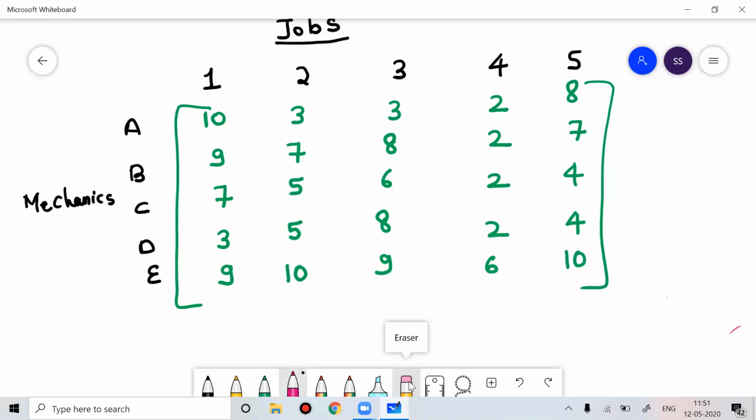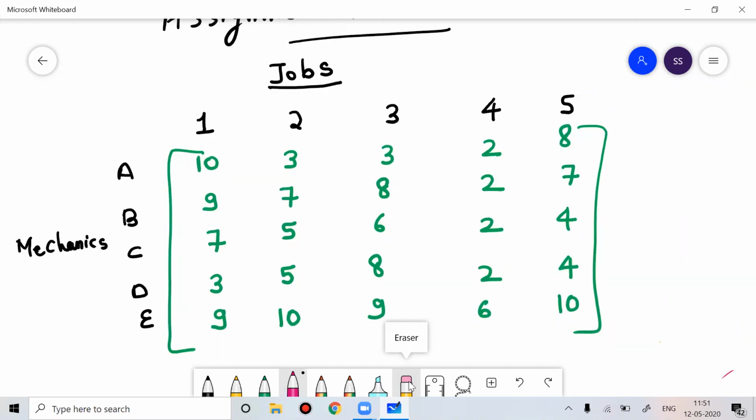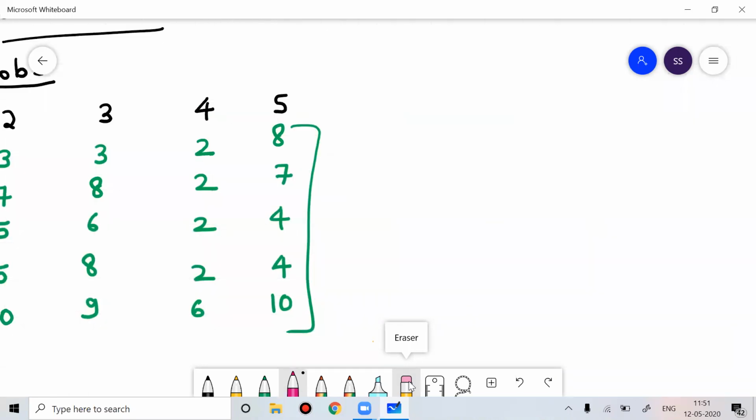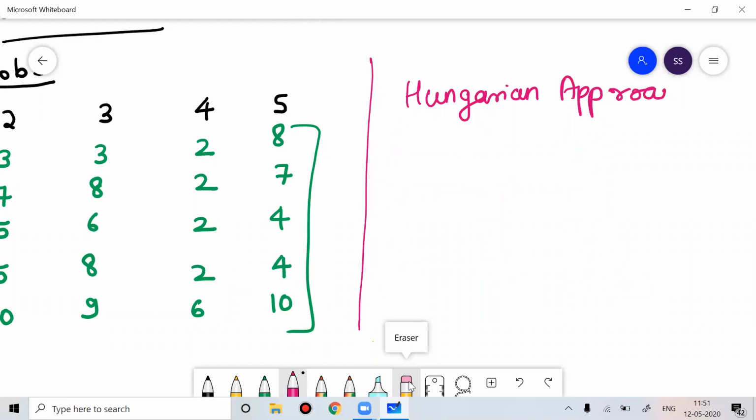That is your agenda: one person gets one job, or one job is given to one person, and that is done in such a way that overall cost is minimized. The approach to solve the assignment problem is called the Hungarian approach.